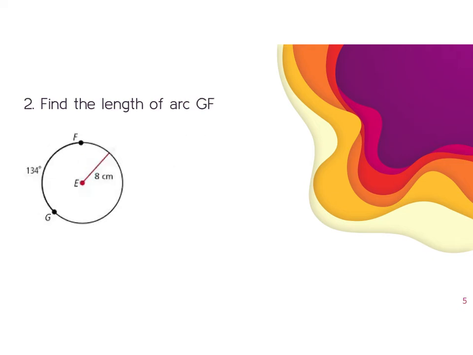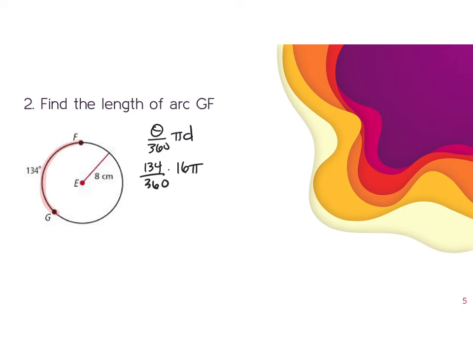This one says to find the length of arc GF. So that's this one here. Again, we have our angle out of 360, pi times diameter. I can see in this circle, the diameter is going to be 16. We'll do 16 pi. Our angle is 134 out of 360.